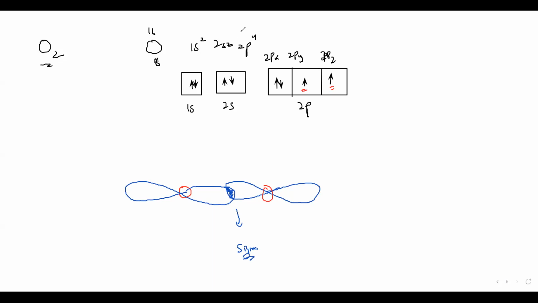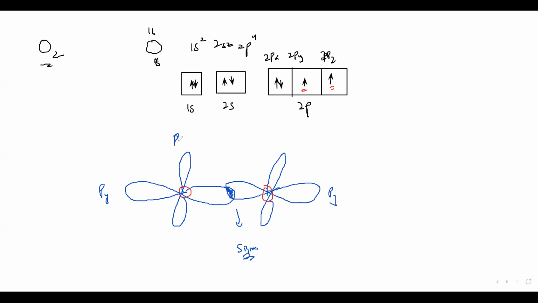But what about pz? Pz will be perpendicular, like this, for oxygen. This was py, which combined with each other.